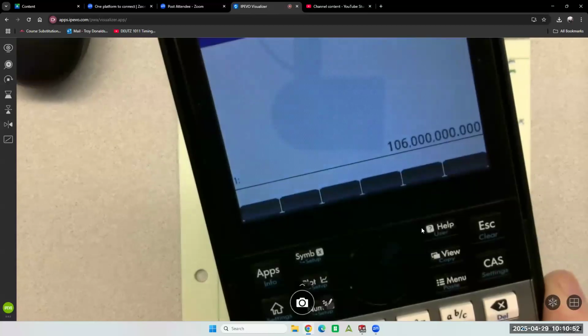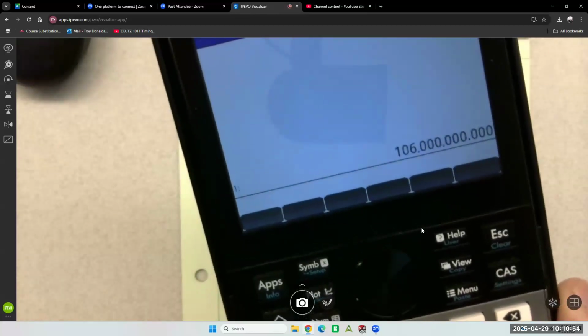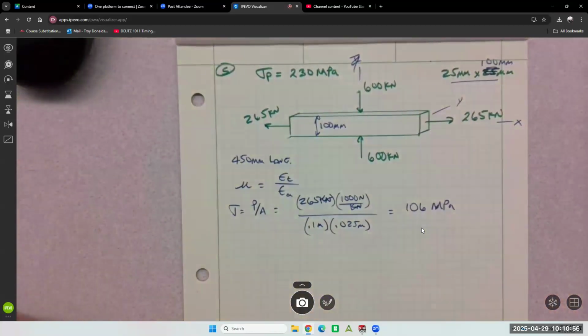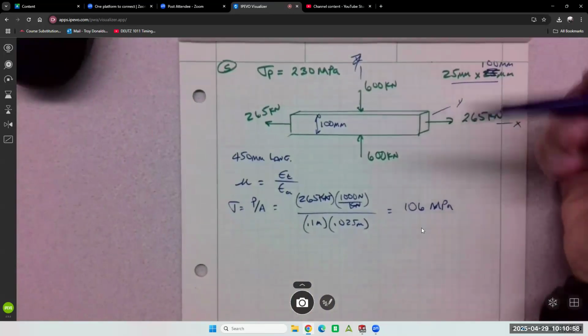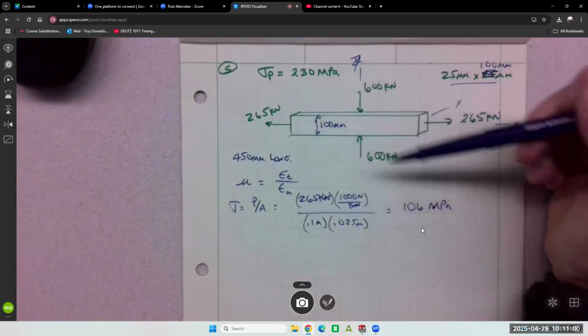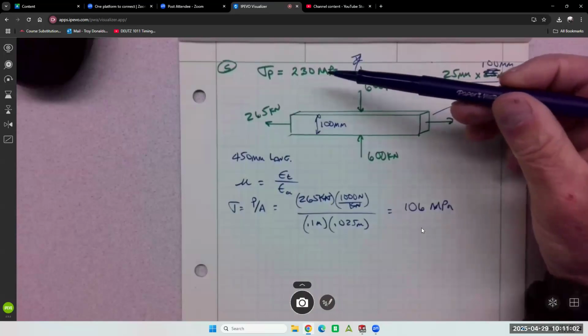The number I get is that big number, and mega is to the sixth, so it's 106. And is that under the proportional limit? Absolutely, it's good, right?